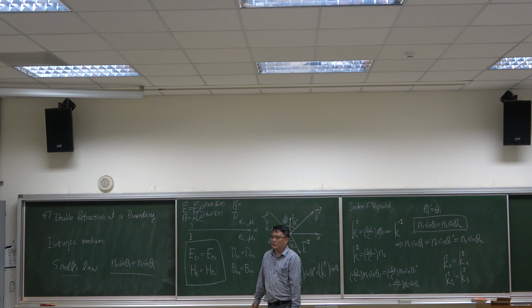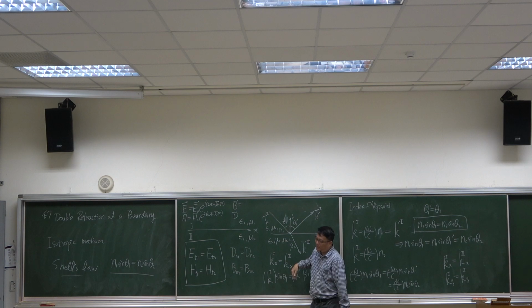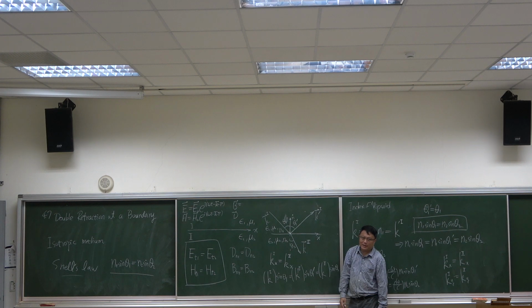OK, it is the condition that the phase stays unchanged, that's all. When a wave propagates from medium 1 to medium 2, on the two sides of the interface, the phases are the same.